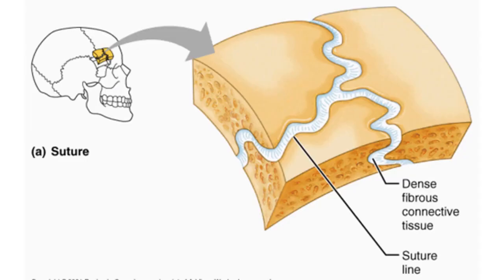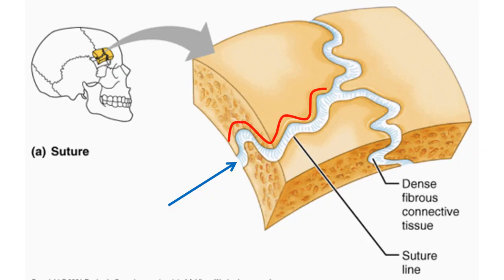Here is what a suture is made of. Here is a bone, and here is the other, and you can see that in this area there is a joint which is tortuous.